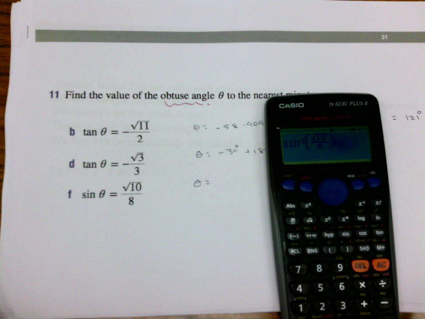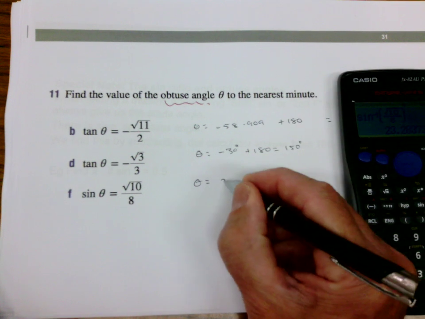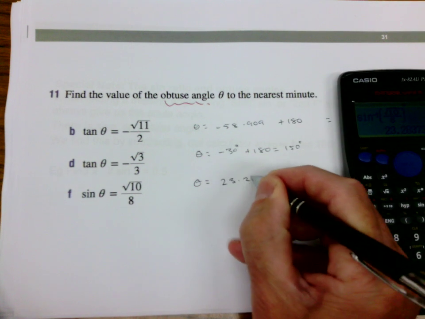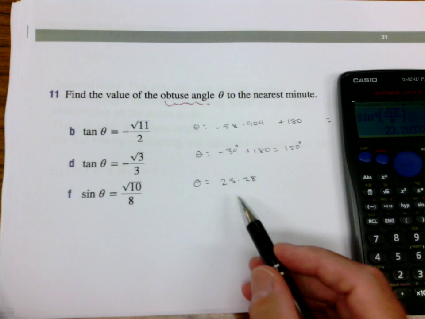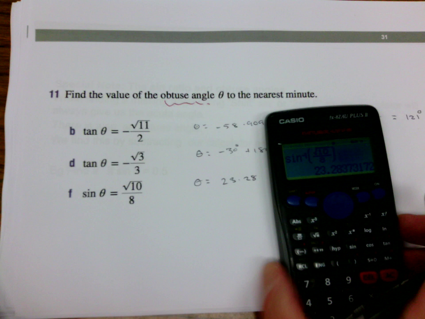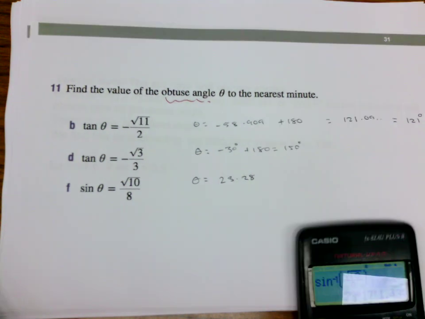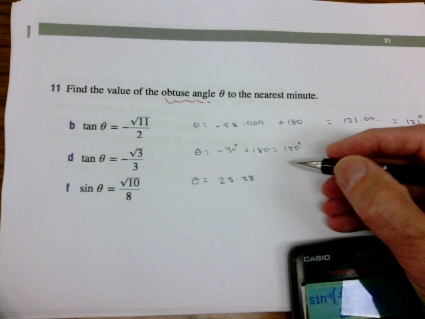Close the brackets. Equals 23.28. Ooh, not obtuse. I'm going to have to fix this one up too. I'll tell you how shortly. We're getting there. Let's do that to the nearest minute. So nearest minute it says, so that's 23 degrees 17 minutes, isn't it?